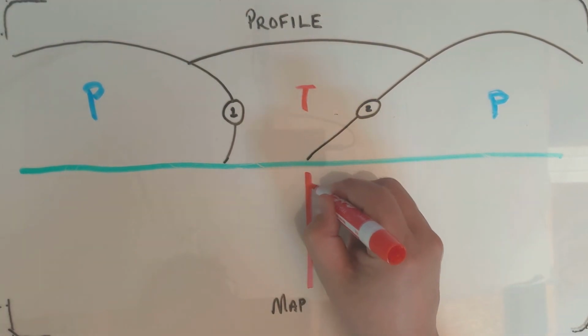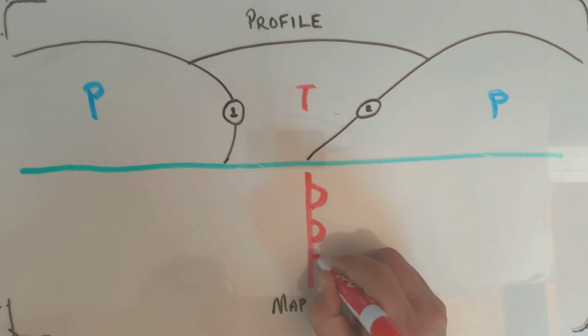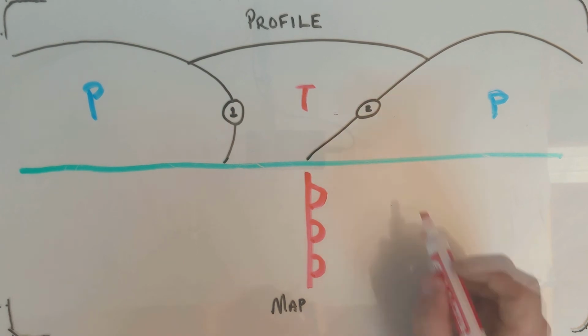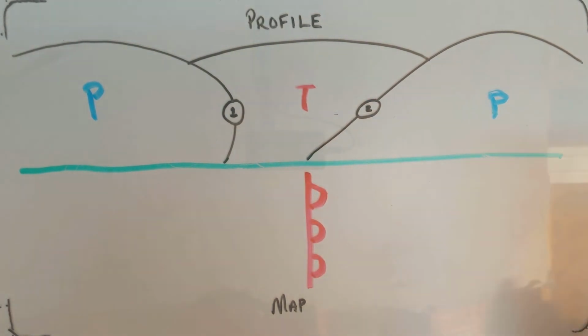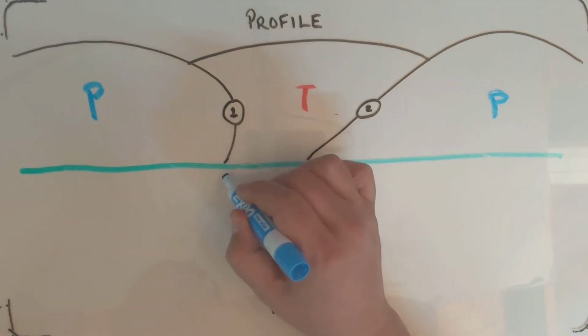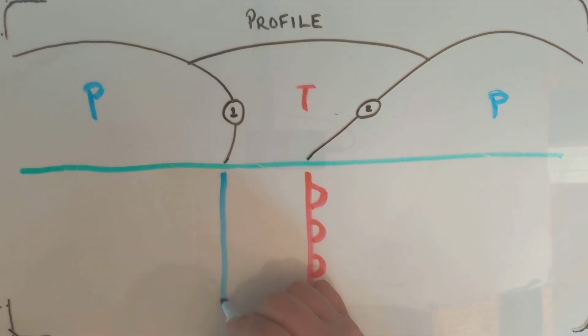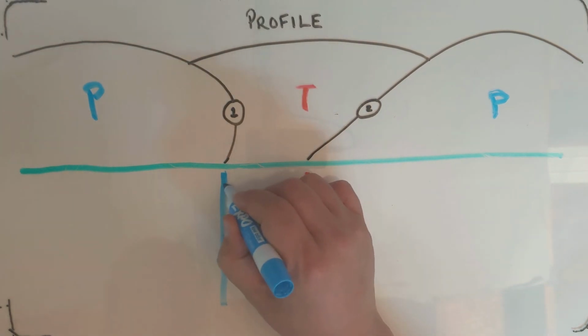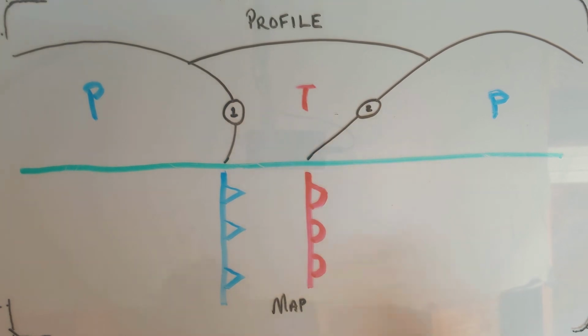And then I would draw the half circles in order to indicate the warm front. So this is where warm air is replacing cold air. I would draw the cold front where the cold air and the warm air touch the ground. And that would be right here. And here I would draw triangles, indicating that cold air is replacing warm air.